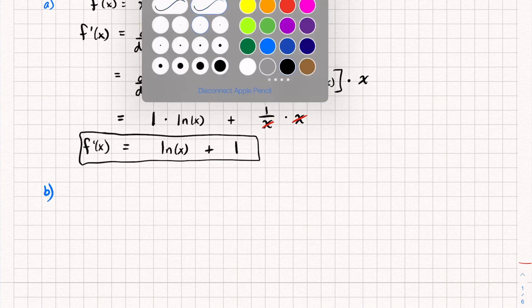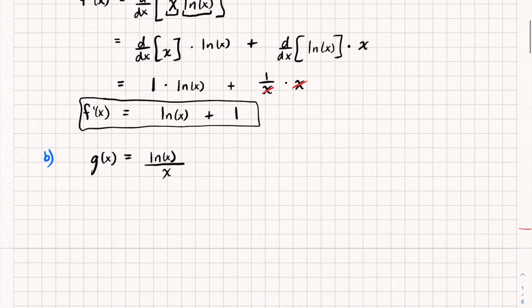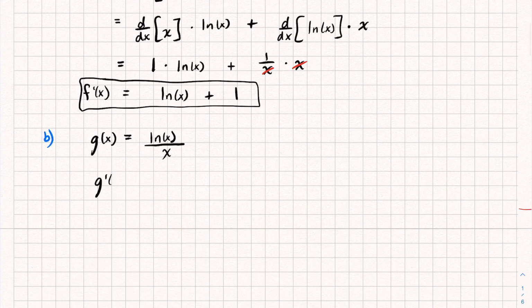All right, this time I'm taking the derivative of g of x, which is equal to ln of x divided by x. Again, find g prime. I'm taking the derivative of this right-hand side. And this again is going to be a quotient rule.